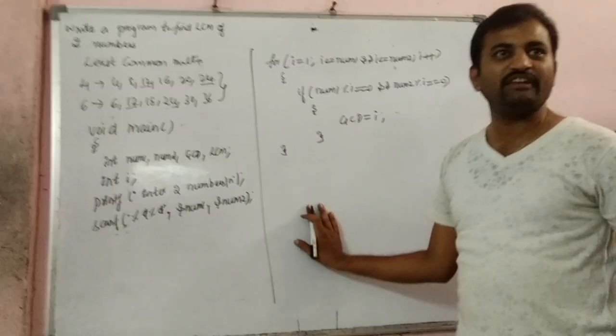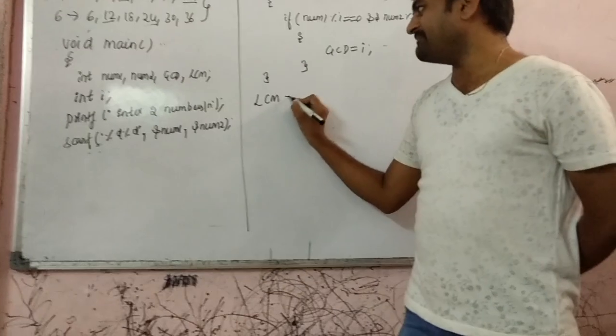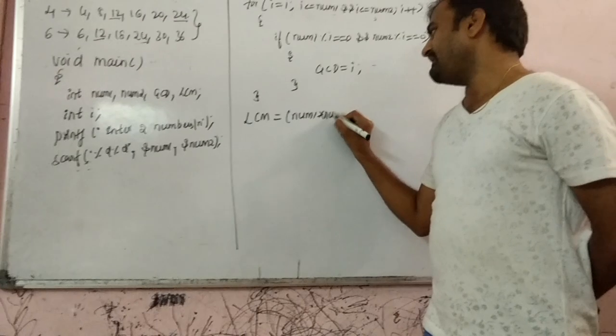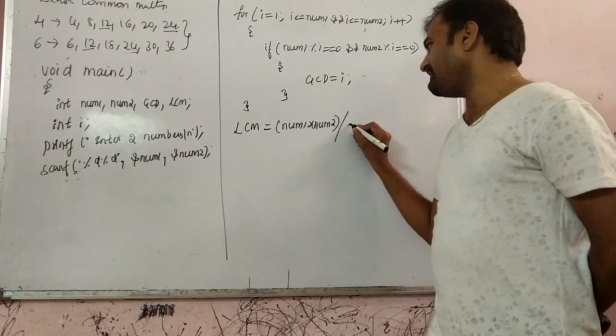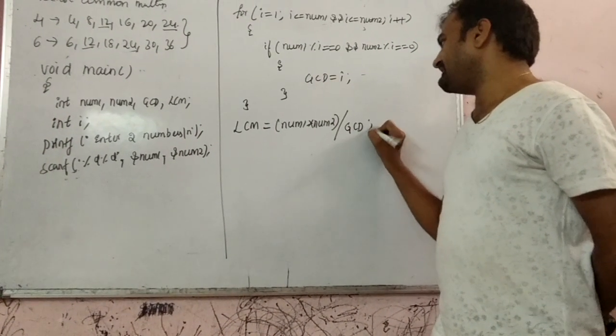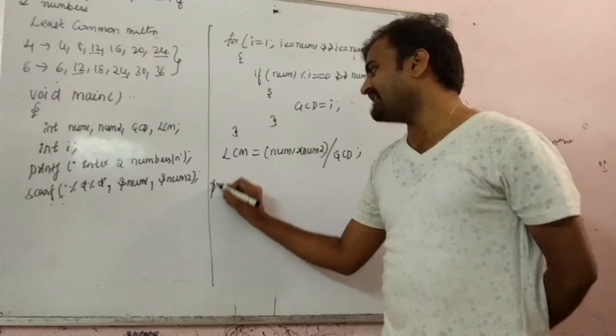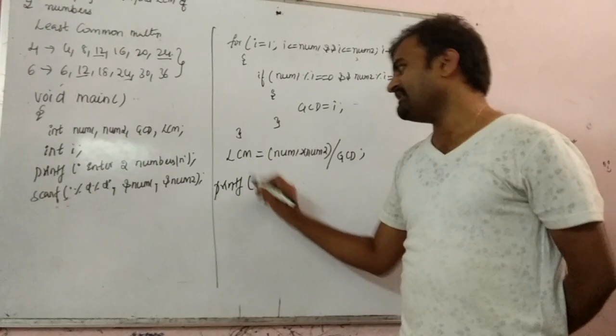Now we have to find the LCM. LCM is equal to num1 into num2 by GCD. The answer is in LCM.